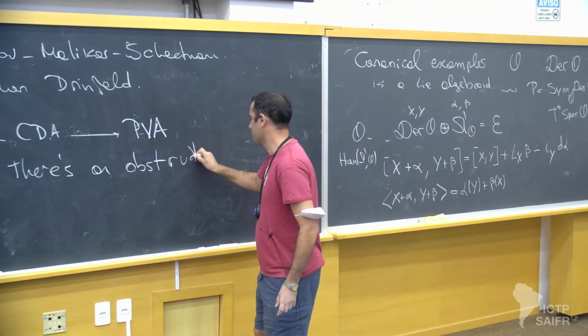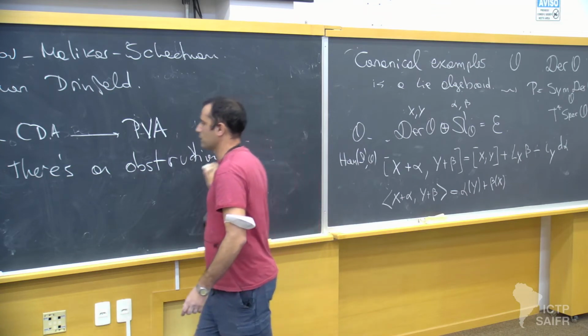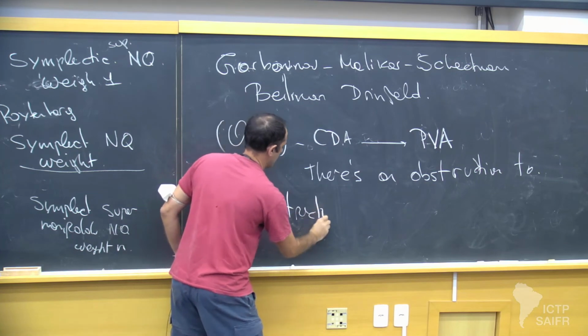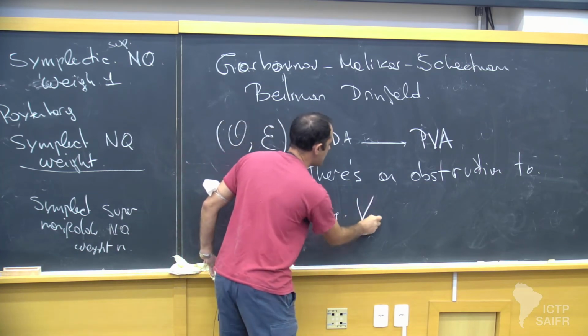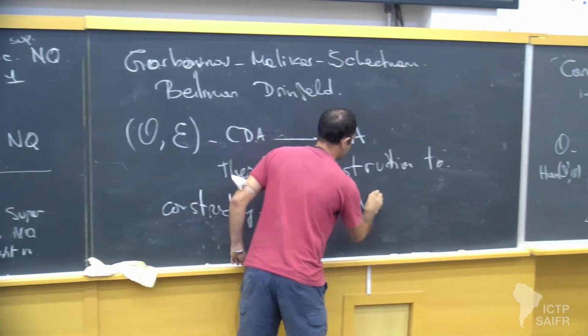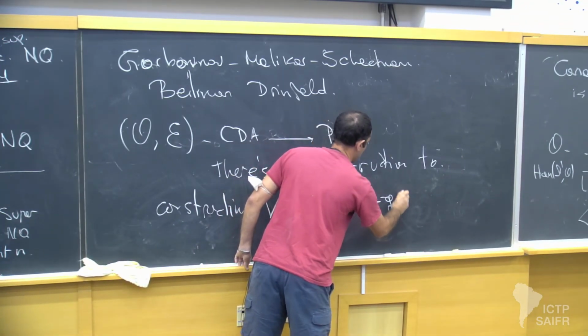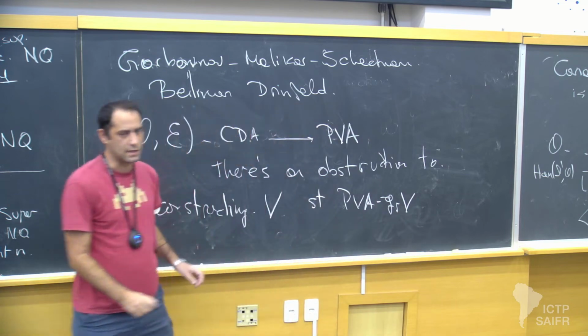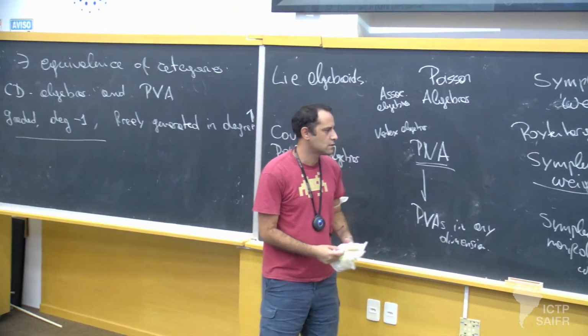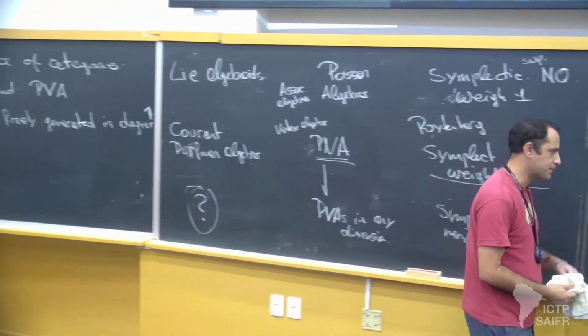An obstruction to constructing a vertex algebra V such that your PVA is the associated graded of V. Quantizing that. So these things are known as gerbes of chiral differential operators.